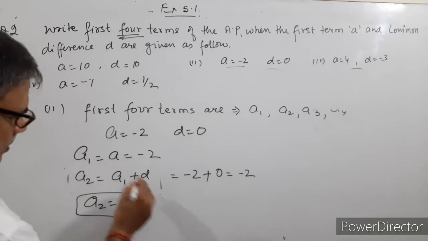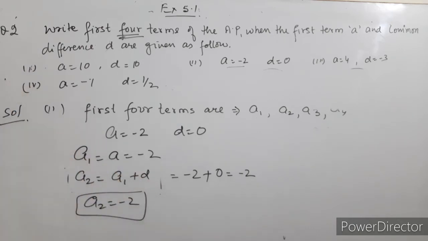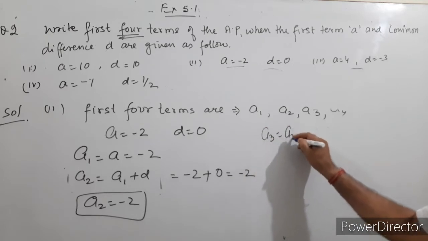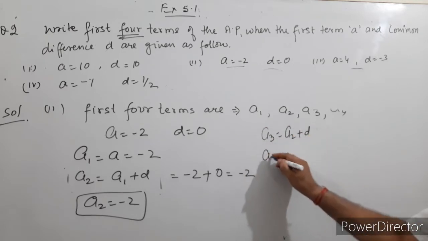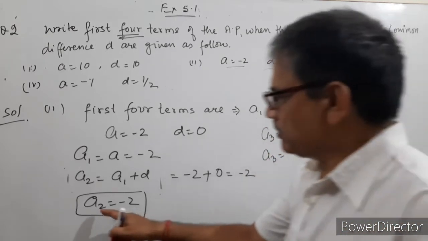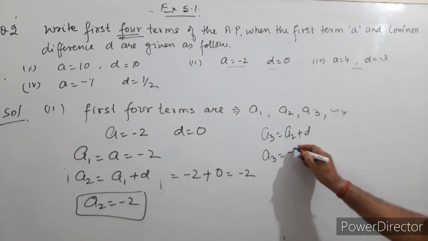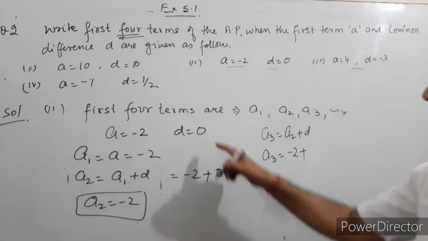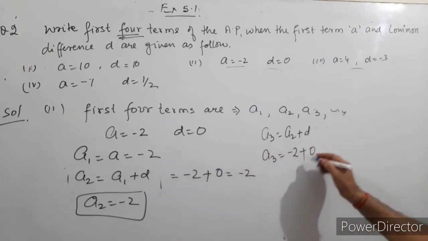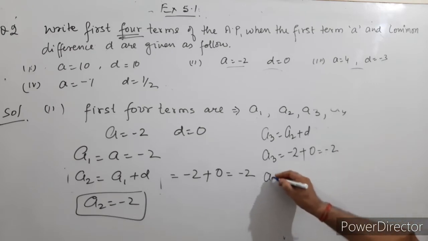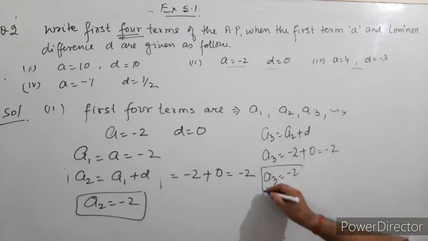Now, what is A3? A3 is equal to A2 plus D. A2 is minus 2, plus D which is 0, so minus 2 plus 0 is minus 2. So A3 is equal to minus 2.